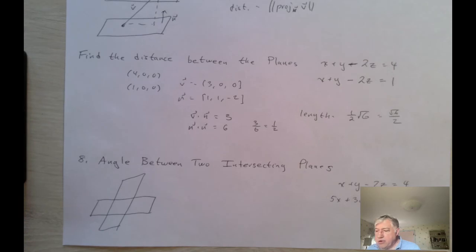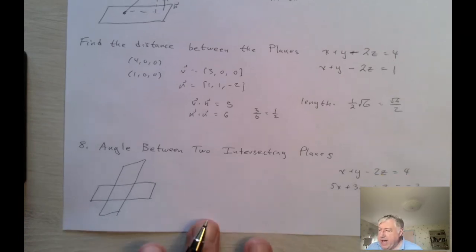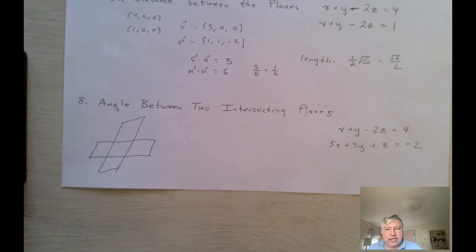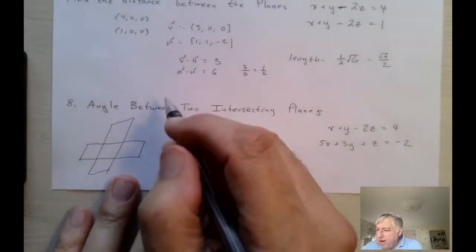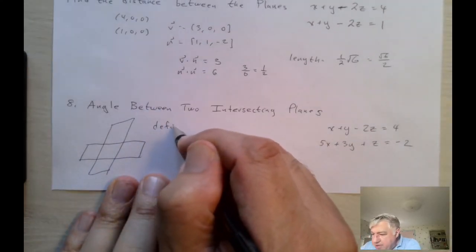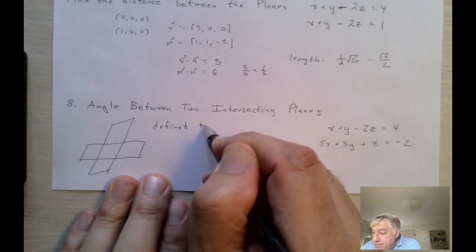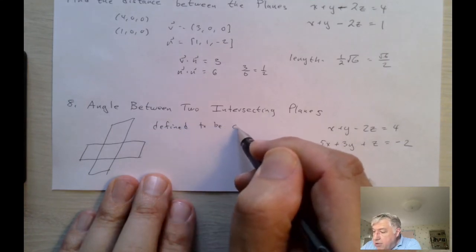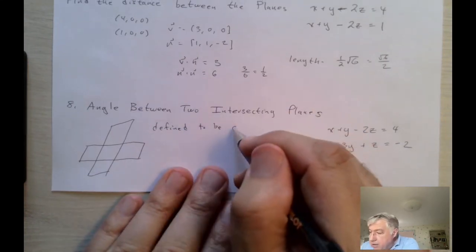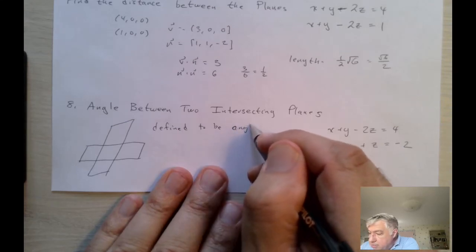So these angles are quite close. The angle between two intersecting planes, we defined it just to be the angle between the normal vectors.